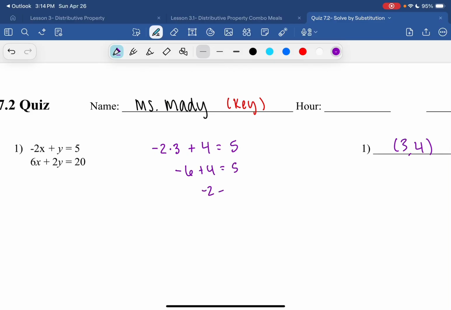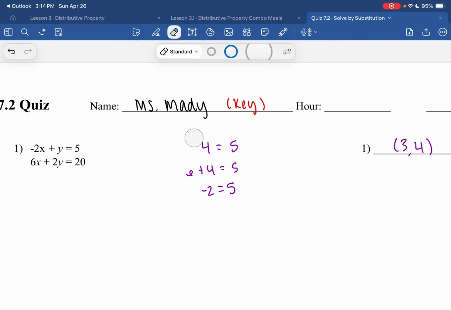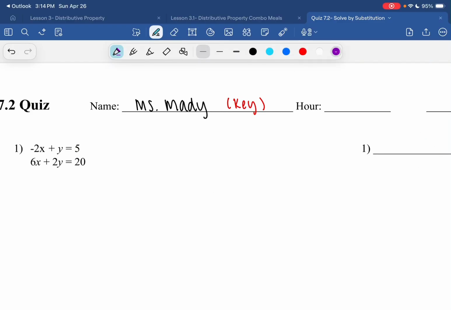Well, negative 2 doesn't equal 5, so then I would know my answer was wrong, and I could have tried again. So I didn't really see anyone double checking their work either. So if you choose to retake, I would highly recommend that you double check your work.